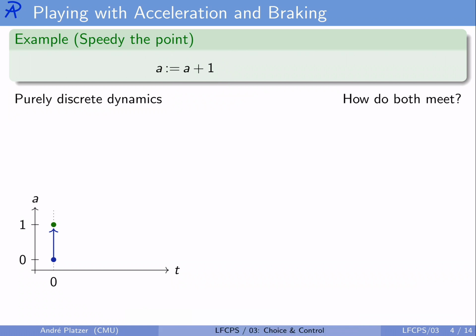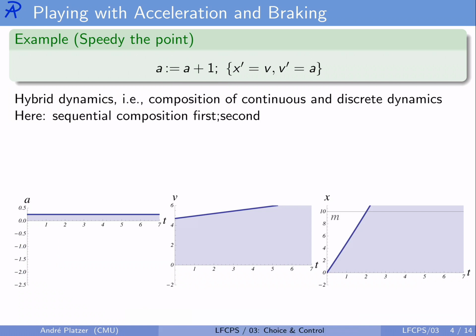systems differential equation. And the easiest way how they could meet is by combining them with a sequential composition, semicolon. So first, we perform the discrete dynamical systems computation of adding 1 to the current acceleration in no time at all. And then we follow the continuous dynamics of a differential equation for a certain period of time.